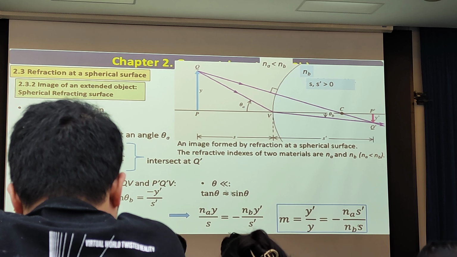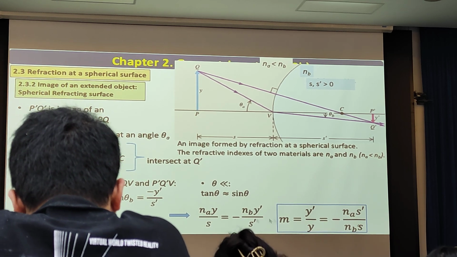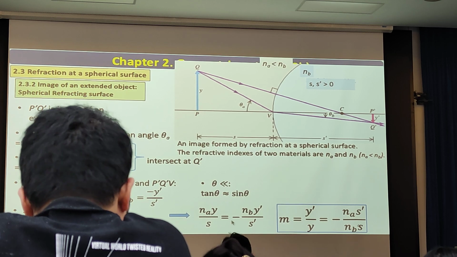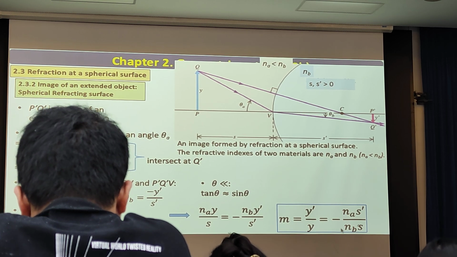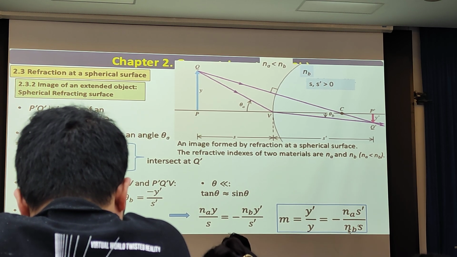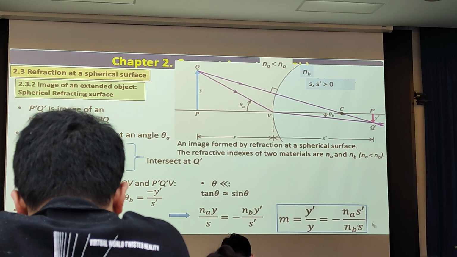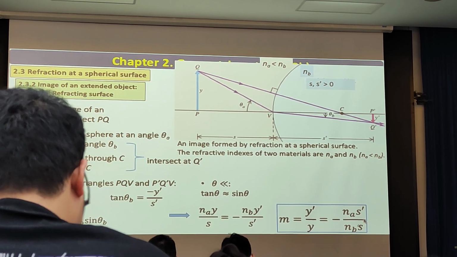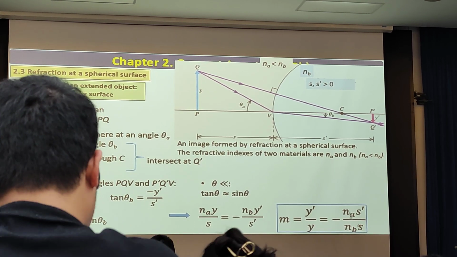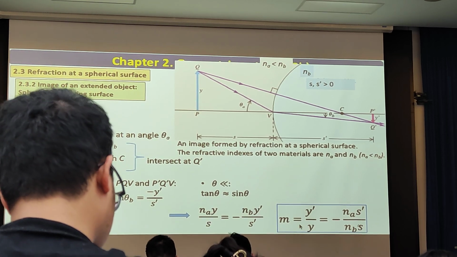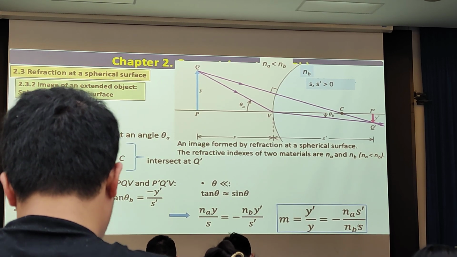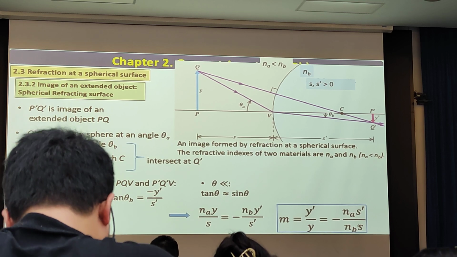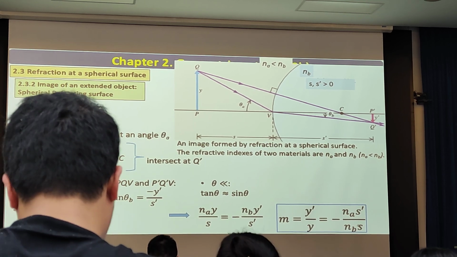That's why you have here M equals y prime over y equals minus NA times S prime over NB times S. That's what we can prove. And for you to solve the exercise or the question, you just learn this one by heart. And how we can prove that, we already did using geometry. Again, I note that with you.